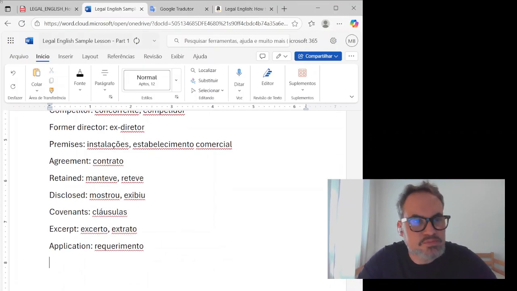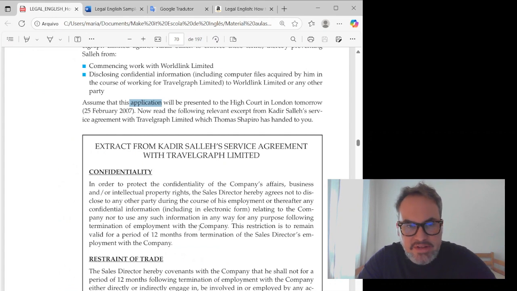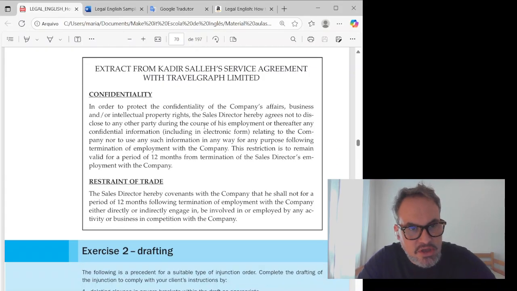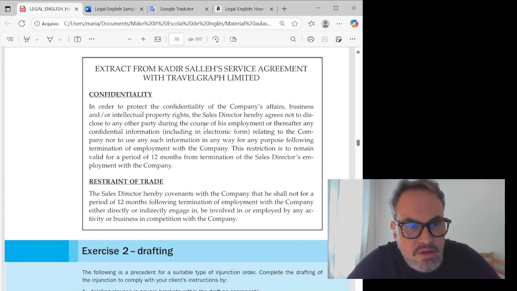All right, let's go. So let's read it out. So let's read his service agreement, okay, with Travel Graph Limited, which is our client. Confidentiality.